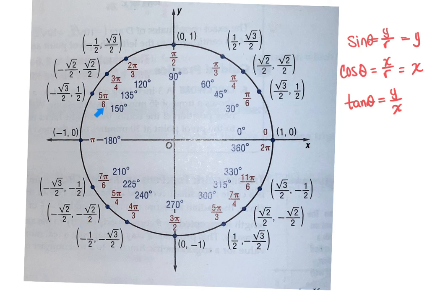If I say what's the cosine of 5 pi over 6, I'm going to go to 5 pi over 6 and give you the x value, cosine, negative square root of 3 over 2, okay? If I want the tangent of 315 degrees, then I am going to say y, negative square root of 2 over x, square root of 2 over 2, negative 1, okay?